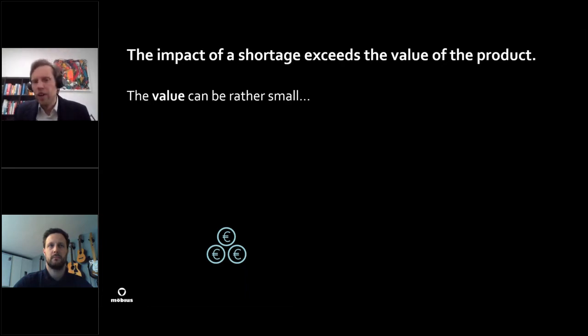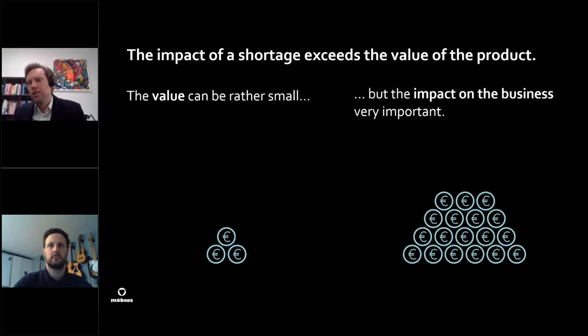Right? However, for the people in the field, the impact of missing a part can be much more important than the value of the part itself. And that creates an even stronger bias towards hoarding parts, right? Making sure that the fact of not having enough feels much more important than the effect of having too much inventory.